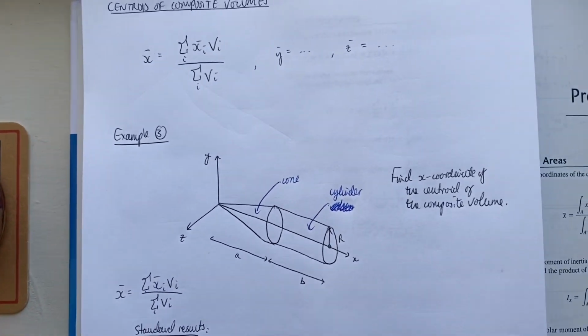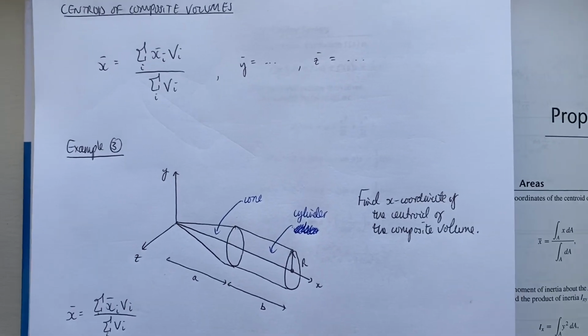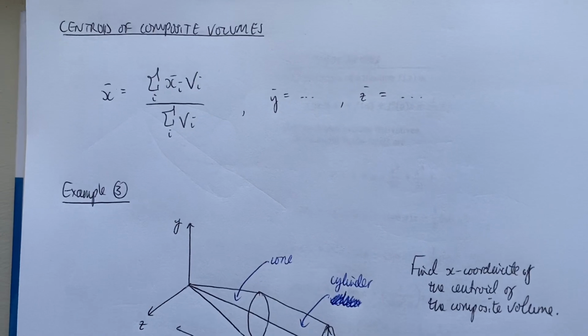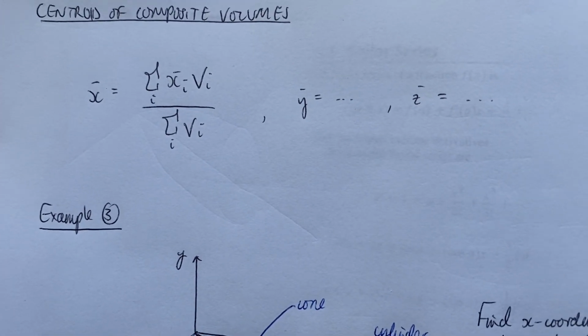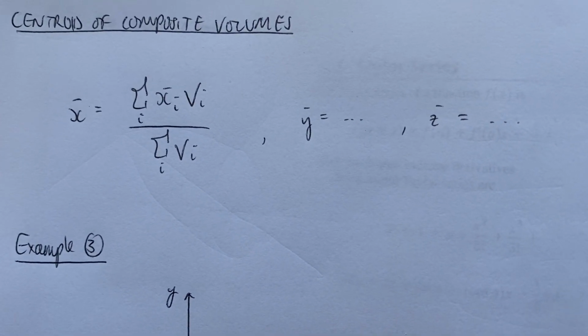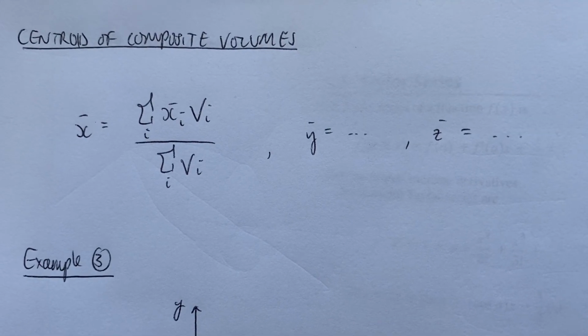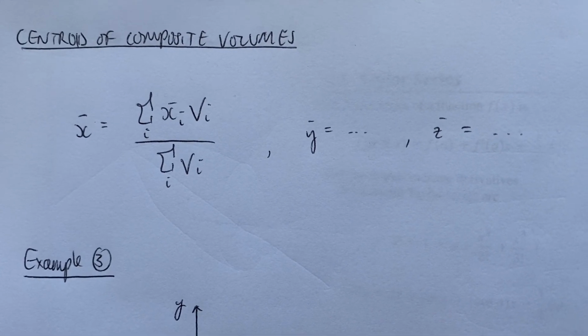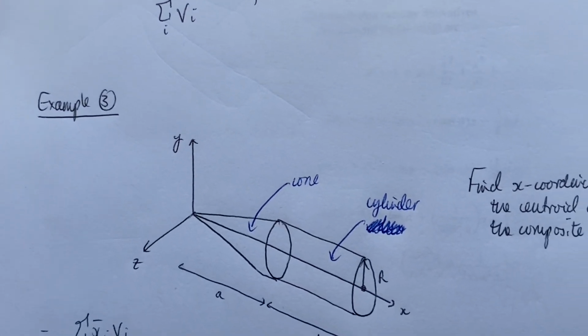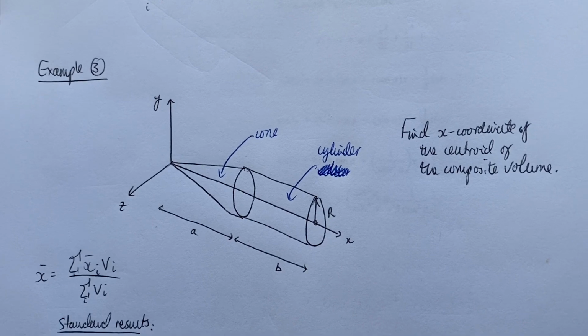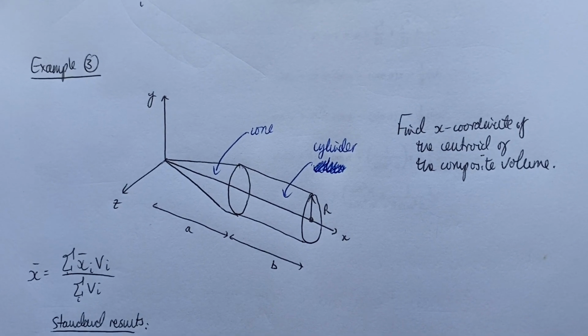Anyway, so let's have a look at this example of a centroid for a composite volume. What we do is we find the centroid of each individual piece, and as we've seen before, we then average that over the whole volume. So this example here, example 3, is basically a cone and a cylinder stuck together.